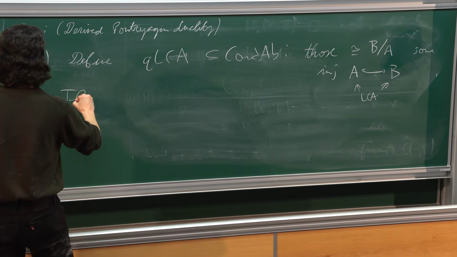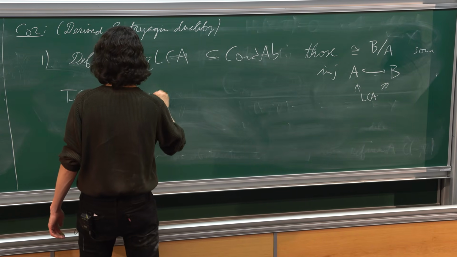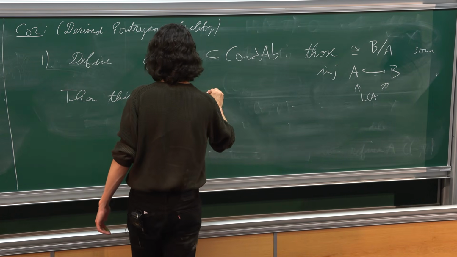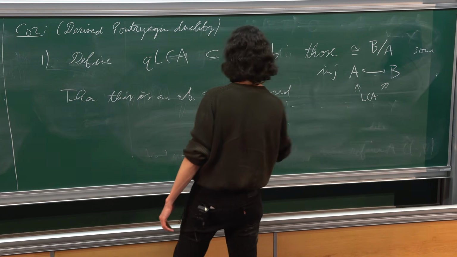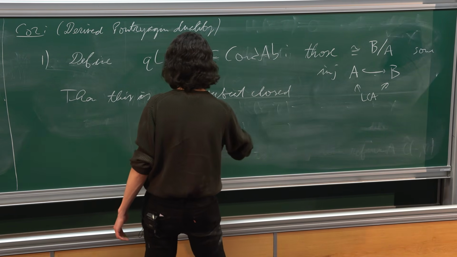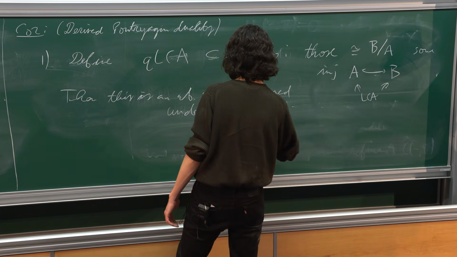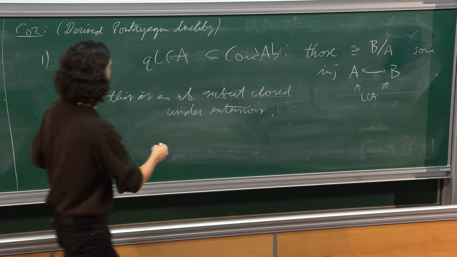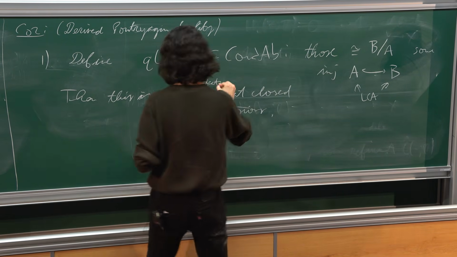Then the first claim is that this is an abelian subcategory closed under extensions. And when you say an abelian category, you mean also that the kernels and cokernels are the same? Yeah, a full abelian subcategory.